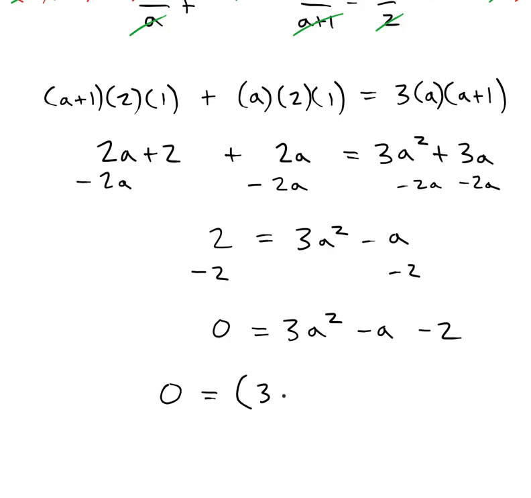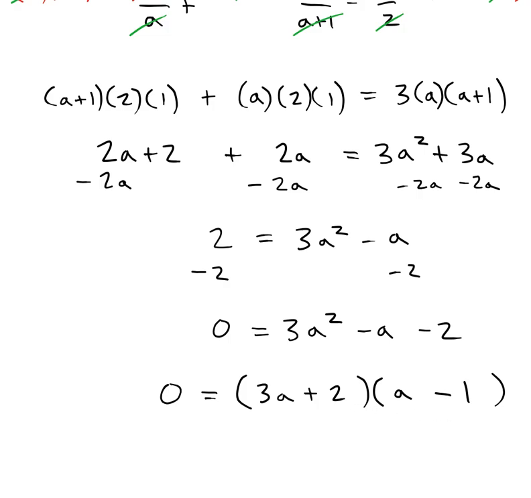I believe this will factor, and we can use -2 and 1 or -1 and 2. I believe we'll want -1 and +2 because we'll have 3a squared plus 2a minus 3a minus 2.